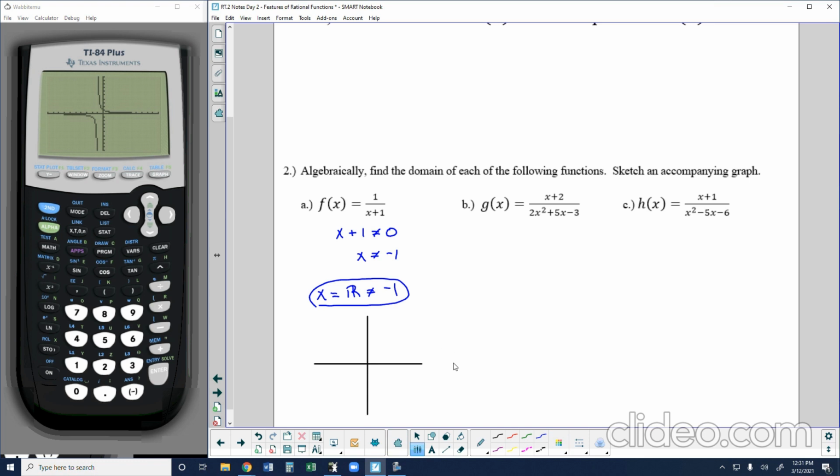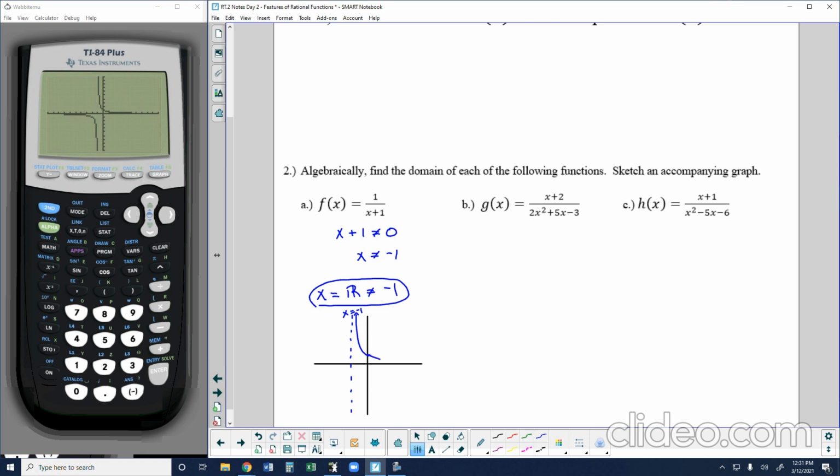So where x is equal to negative 1, I'll draw this in as a dashed line, and we'll say this is x equals negative 1. This is a location on the graph that the graph cannot intersect. The graph would look something like this. It would approach going up from the right side of the graph.